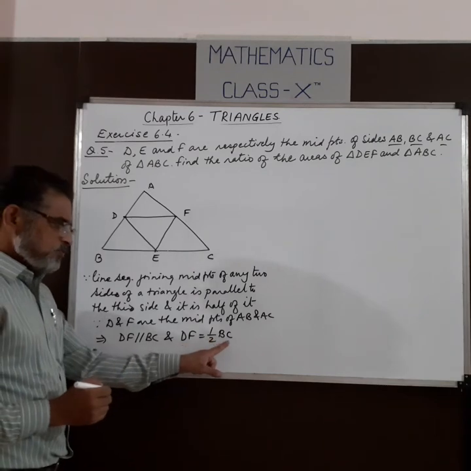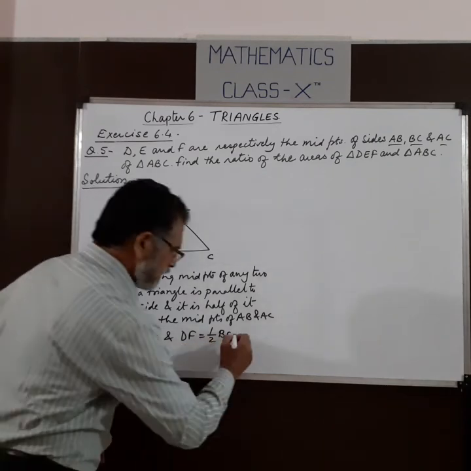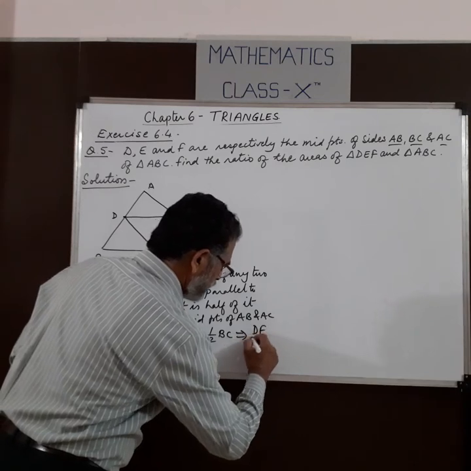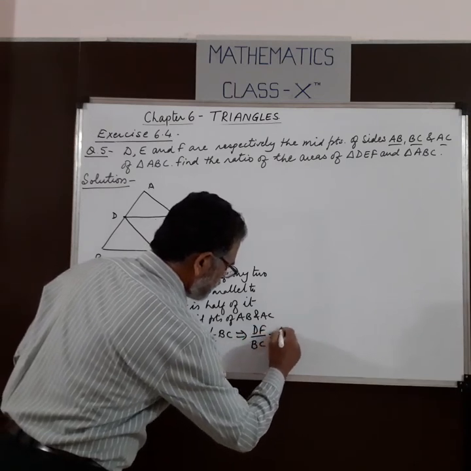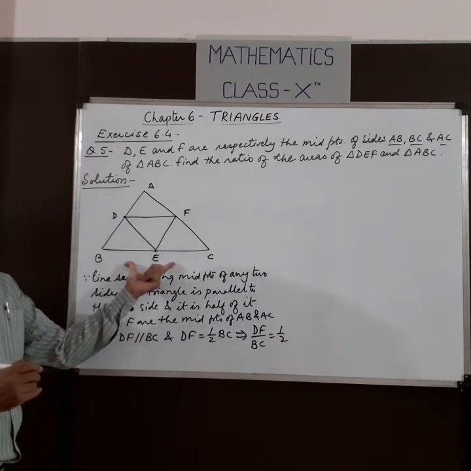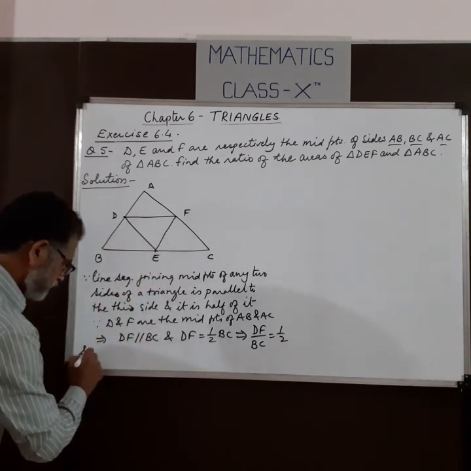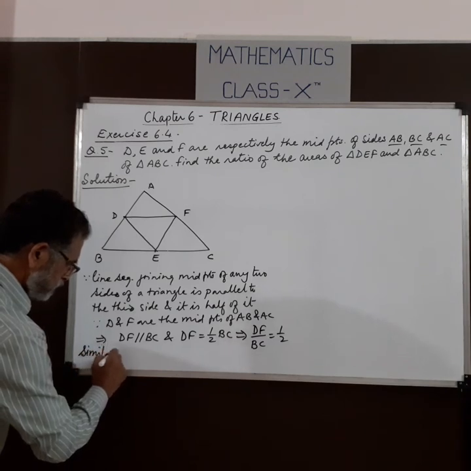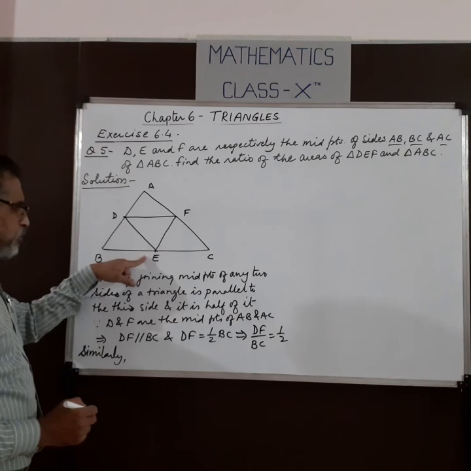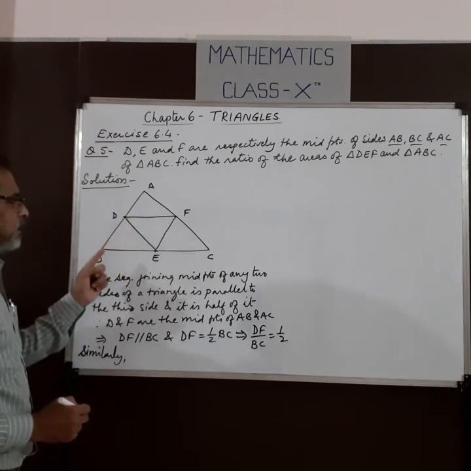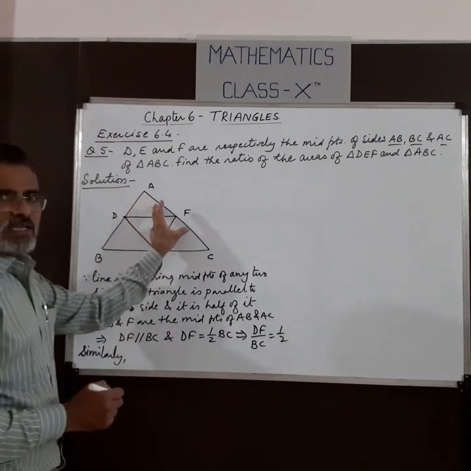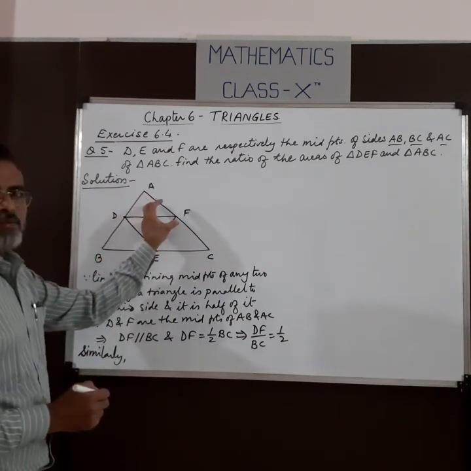Now if we transpose BC to here, we have DF upon BC is 1 by 2. Similarly, D and E are the midpoints of AB and BC. So DE will be parallel to AC and DE is half of AC.